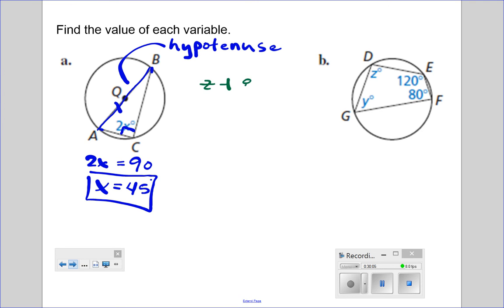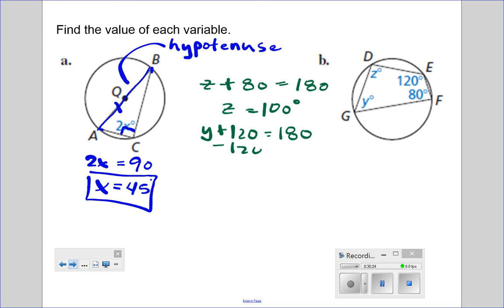So we know Z plus 80 equals 180. So what does that mean about Z? It's 100. So Z equals 100 degrees. The other side, y. Okay, and then we know that Y plus 120 also equals 180. So we know that Y equals 60 degrees.